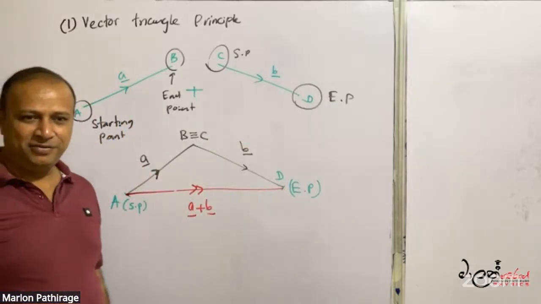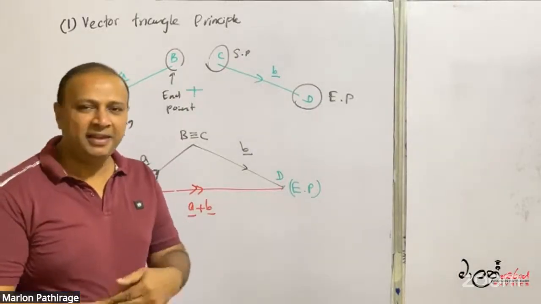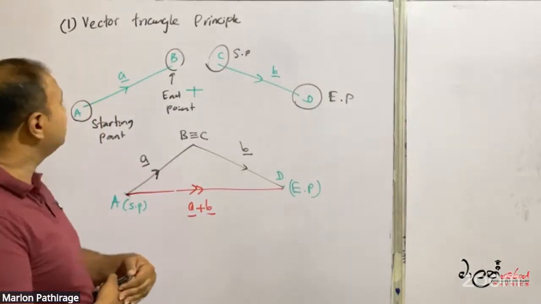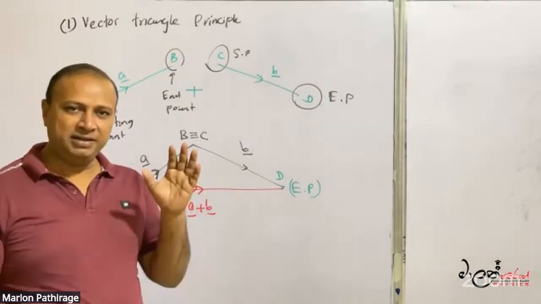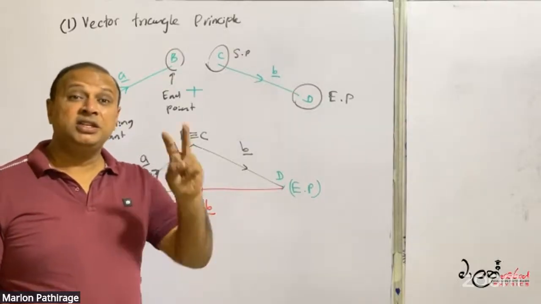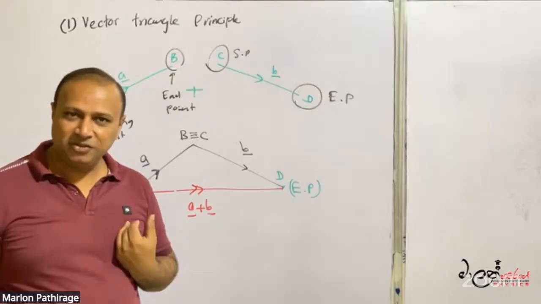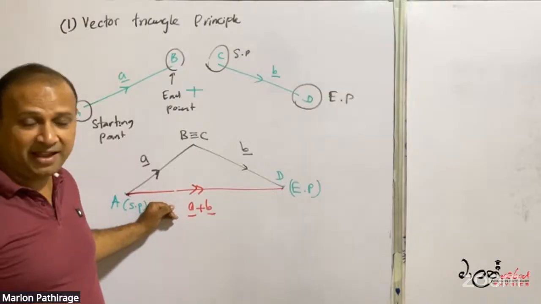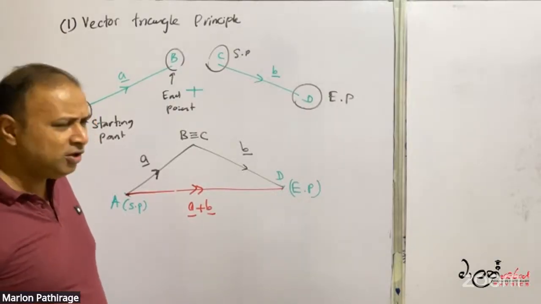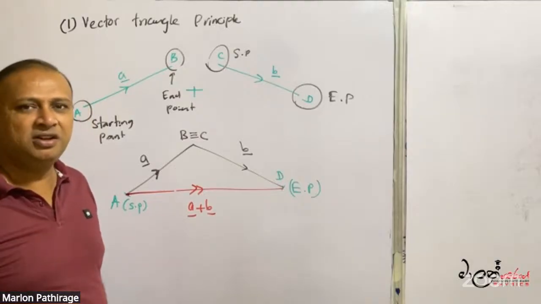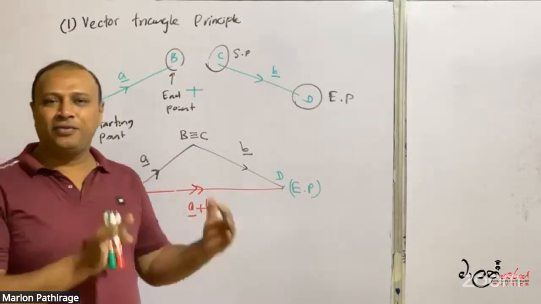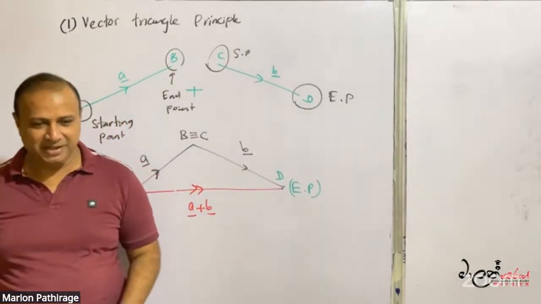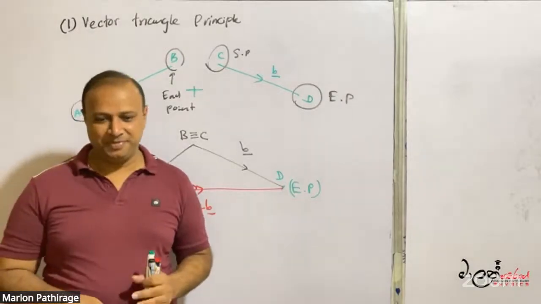Therefore, they have formed another theorem called the vector triangle principle, but that is valid only for the addition of two vectors. If we add two vectors, the geometrical figure looks like a triangle. So, by observing some special characteristics of the triangle, they have developed another theorem, which is called the vector triangle principle. Is that clear?